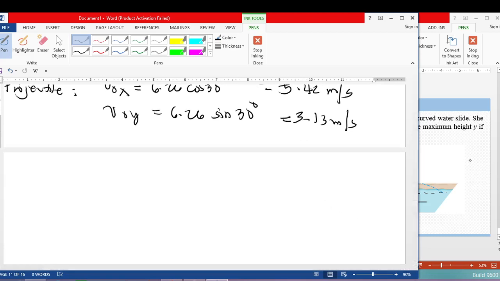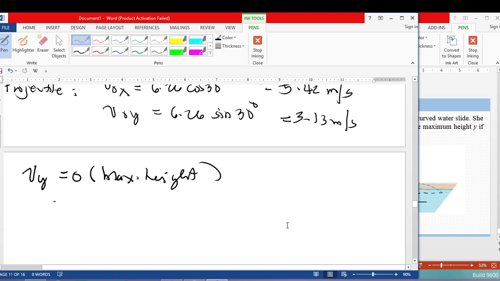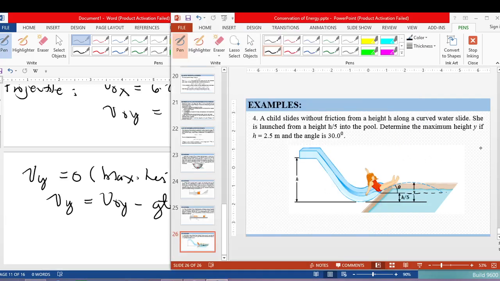So how do we find the maximum height? At maximum height, we know that the velocity is 0. So we can first use vy equals v0y minus gt to find the time it takes to reach the maximum height.